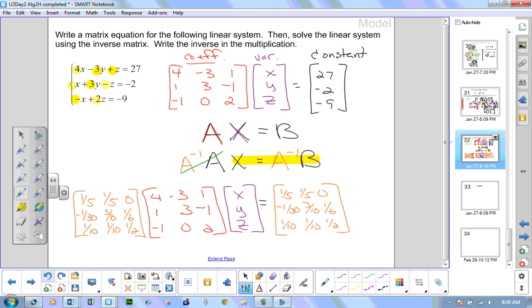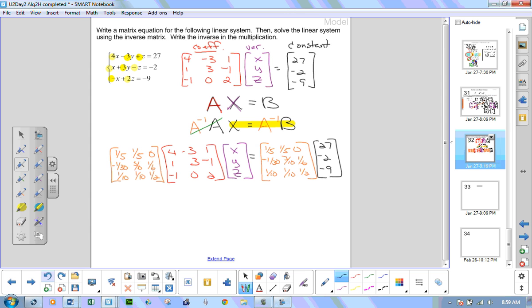And I will be multiplying that by matrix B, which I'll just bring down from the equation, 27, -2, -9.